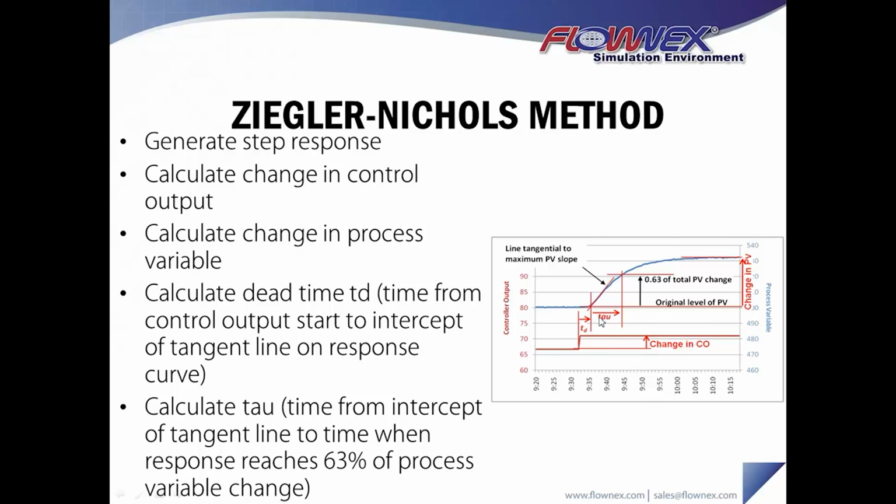Then after that you calculate tau, which is the difference of this time intercept, until the time where your process variable reaches 63% of the final value.